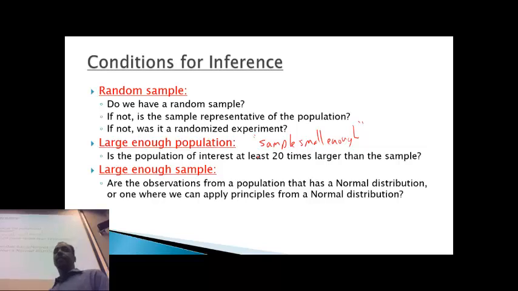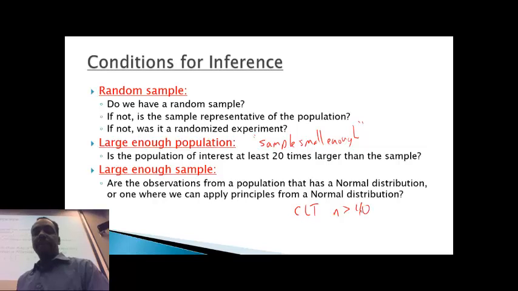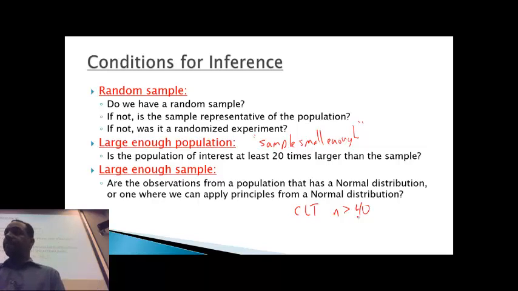Okay, and then for things to work out from the independent standpoint, we need to have an arbitrarily large population. So is it 20 times as large as the sample? And then, of course, do we have a large enough sample? Can we assume normality? And you guys know that from the central limit theorem, the sample had to be bigger than 40, I think it was. So those are the three big conditions for inference.